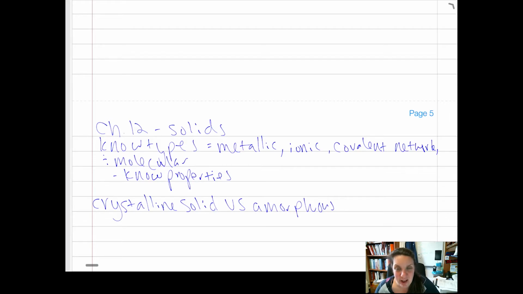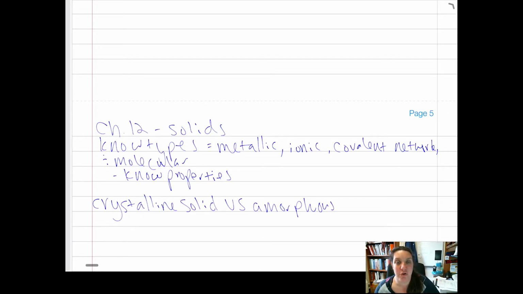So those are going to be glasses, polymers, stuff like cotton candy. They're usually formed through supercooling or super rapid cooling, and they don't have time to form that crystalline lattice, although some things just naturally form amorphous solids. And then your crystalline solids have a regular ordered arrangement of atoms, ions, or molecules.